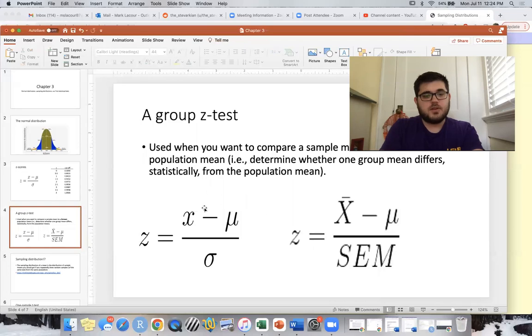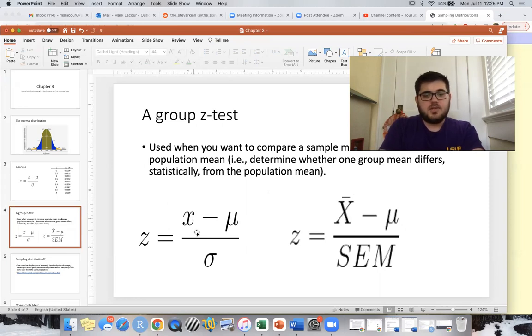That's what's in the numerator. In a group Z test, we're saying how far the sample mean, the X with the little bar on top, is from mu. Those parts are basically the same. How far is this one observation from the population mean? How far is this sample mean from the population mean?